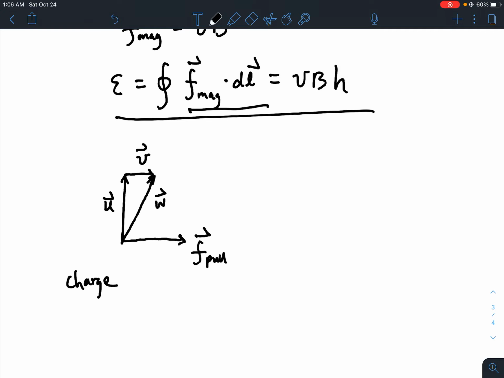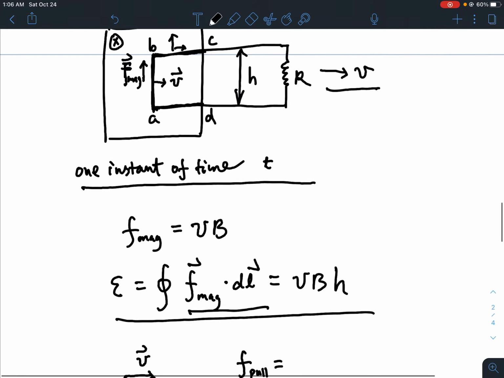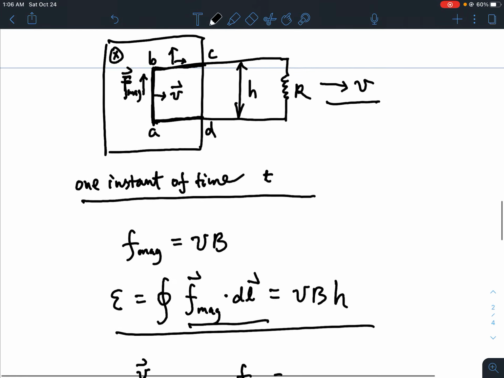Now we want to figure out the amount of work done by this force. We know that F pull is really from here.